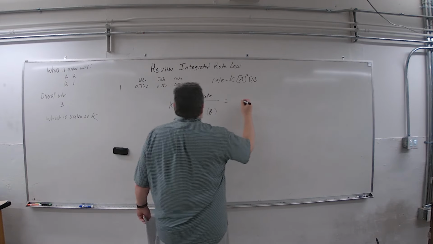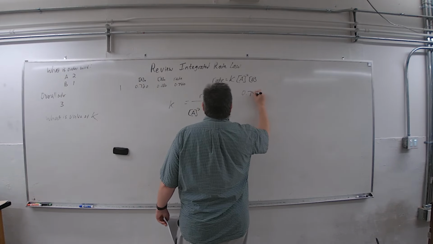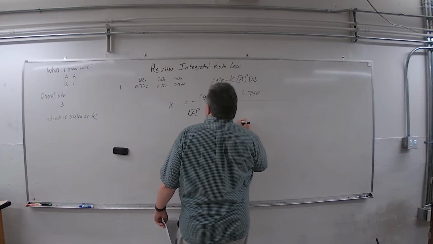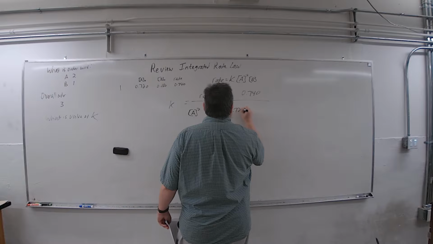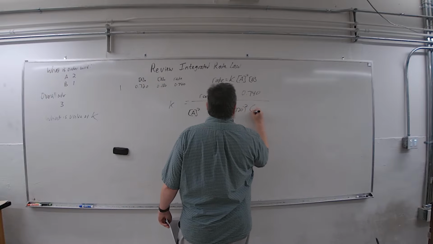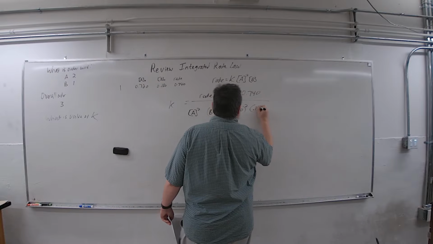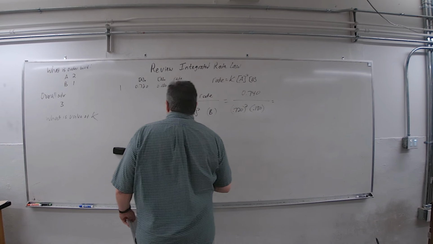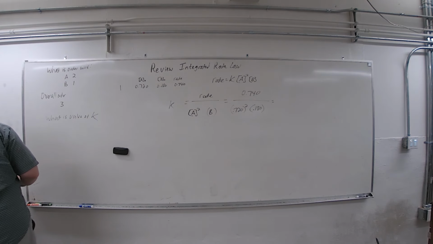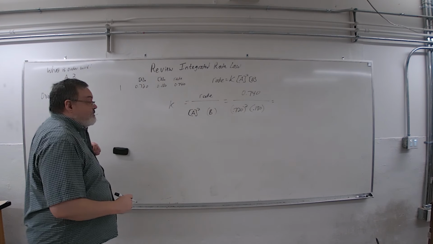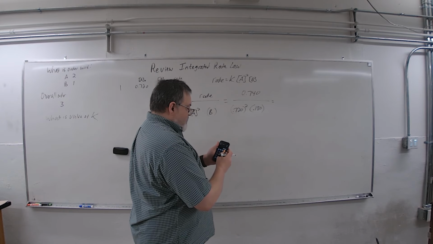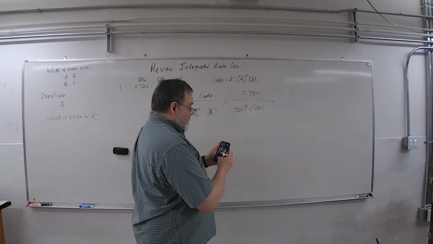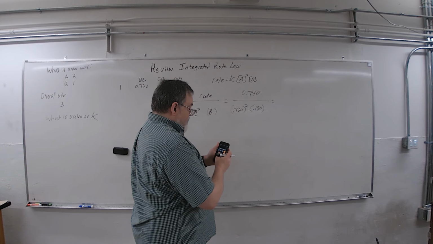So A is 0.720 squared, B is 0.180. 0.720 times 0.720 times 0.180.